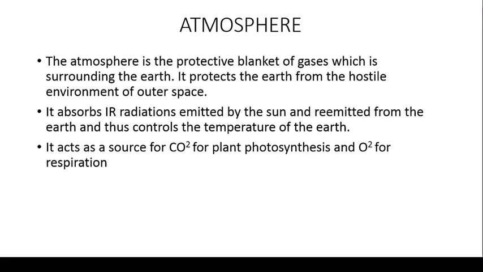The atmosphere has different gases which absorb those radiations, that is UV radiation coming from the sun, and the harmful radiations are absorbed and only the useful radiations are given to the earth in the form of short wave radiation, and thus after absorbing these radiations the earth re-emits the radiations back in the form of long wave radiation.